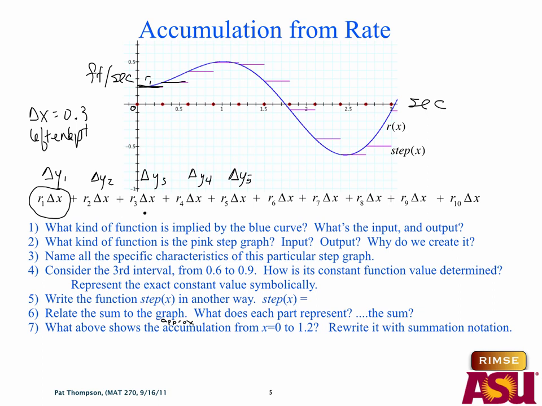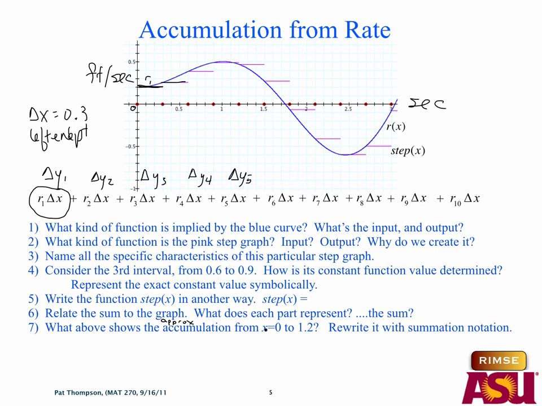I've got 10 of them. Delta x is 0.3. So I've gone through 3 seconds, right? This sum is representing the accumulated distance for the first 3 seconds.